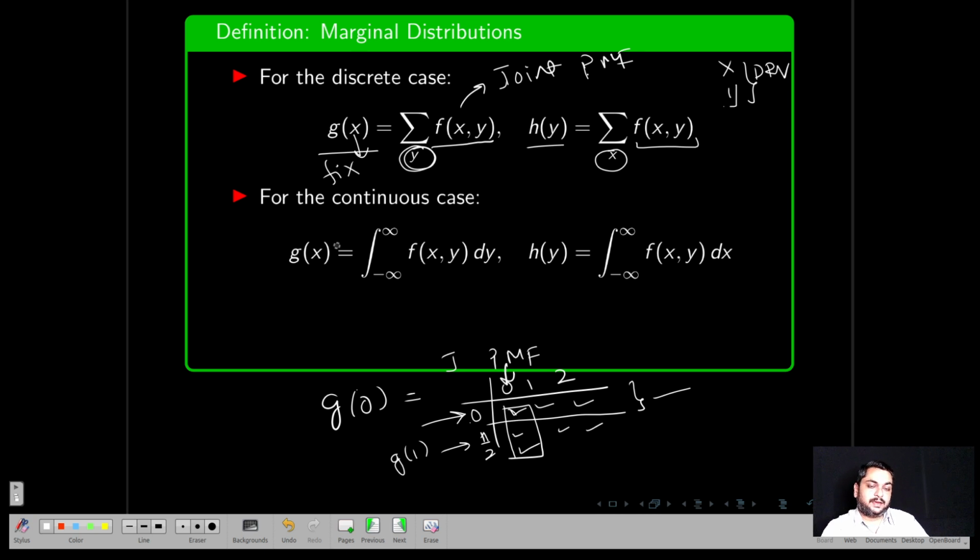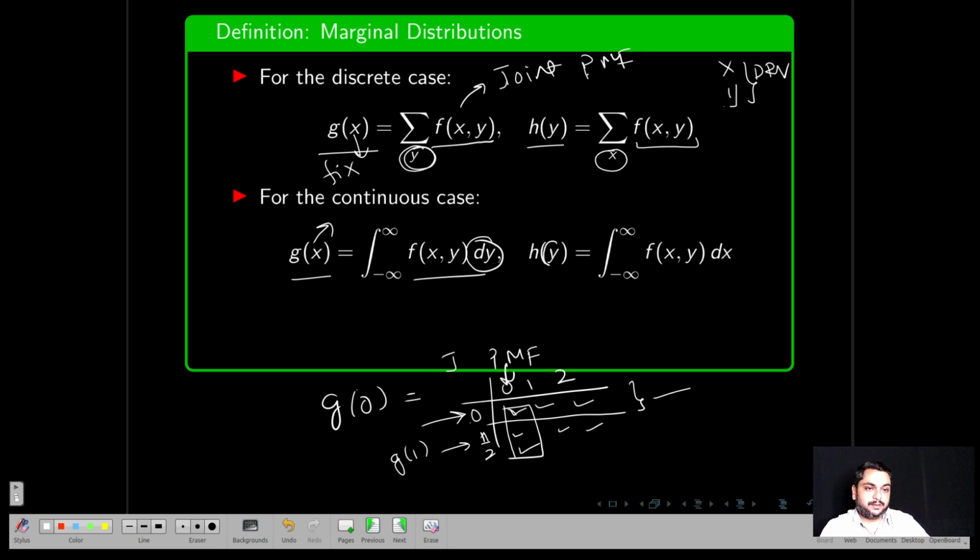For the continuous case, it is the same thing. Probability is bounded by the area and the volume here. So instead of the summation, we have the integral from minus infinity to infinity of f(x, y) dy, because x is fixed and you are integrating over y, which means adding over y.